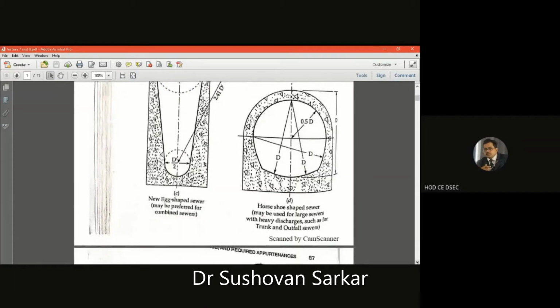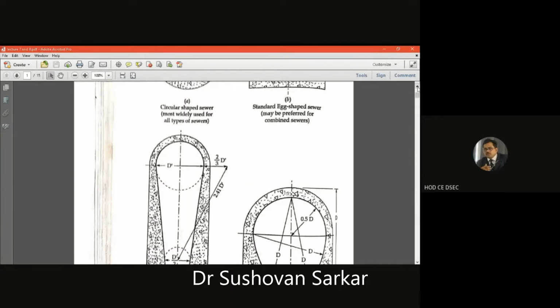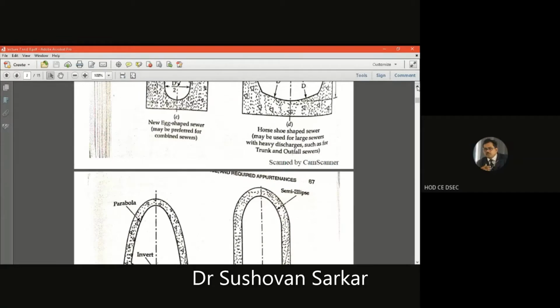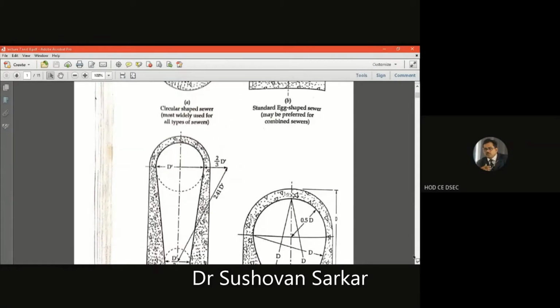Now, the new egg-shaped sewer is also preferred for combined sewers. What is the difference between the new egg-shaped sewer and the standard egg-shaped sewer? You see, the depth of the cross section is more in the new egg-shaped sewer compared to the standard egg-shaped sewer.